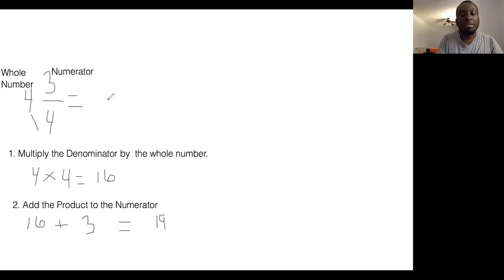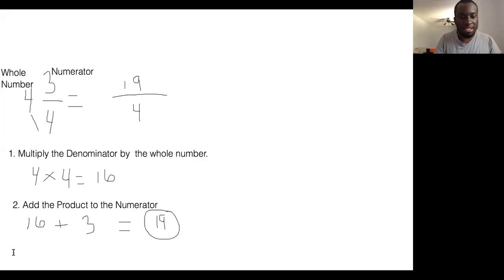So now my numerator is now 19. Over, my denominator will remain the same. And that is step 3.